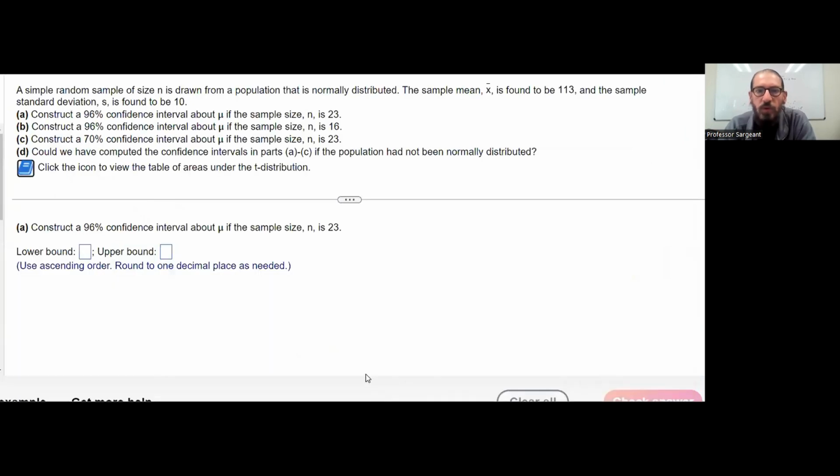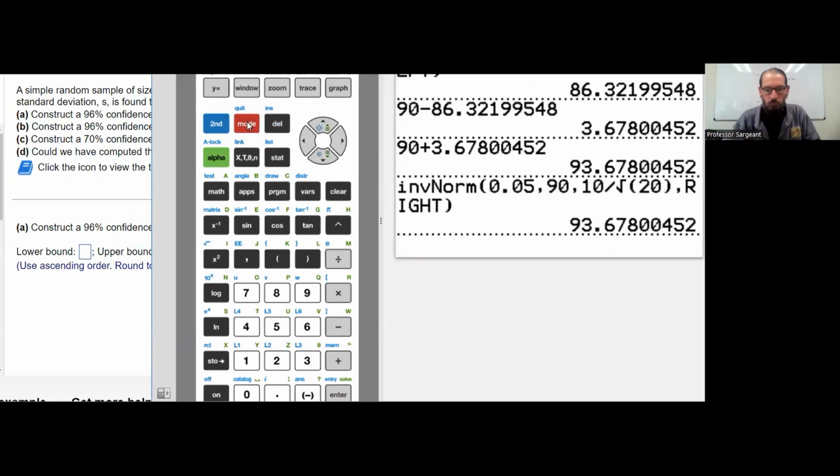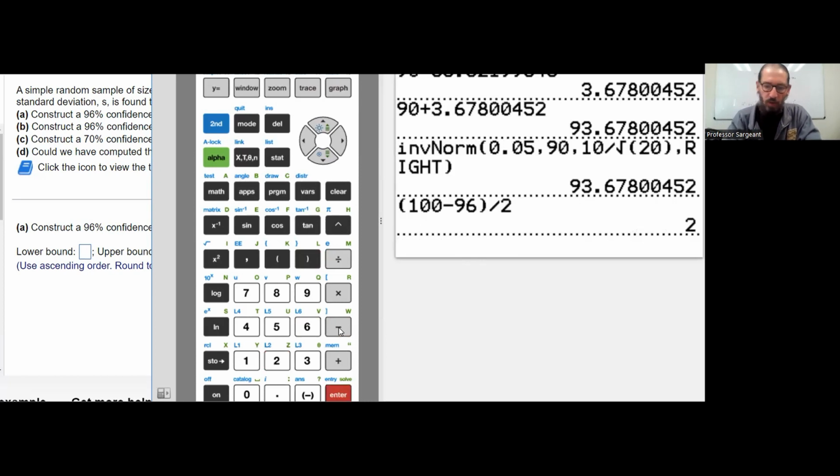So backing up just a bit, with a 96% confidence level, take from 100, take away the 96, divide that in half, and convert that from a percent to a decimal.